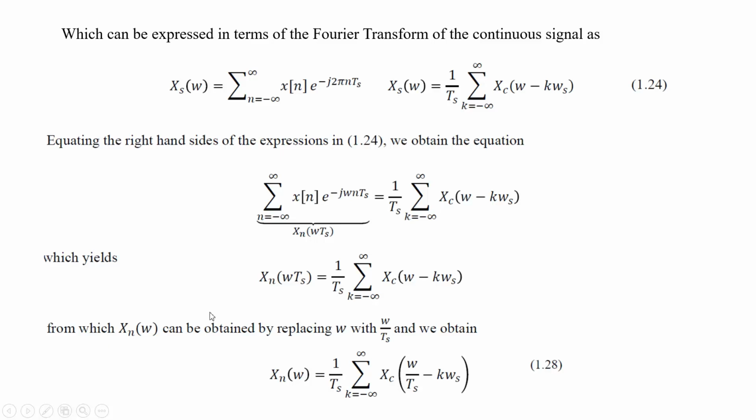Now from here we can obtain X(w) by replacing w with w by Ts. In this expression we will replace this w with w by Ts on both sides. Now if we replace w with w by Ts, Ts will cancel out, so it will be X(w). And here also we will replace this w with w by capital T sub s, and this ws will come as it is, so we will get this expression.